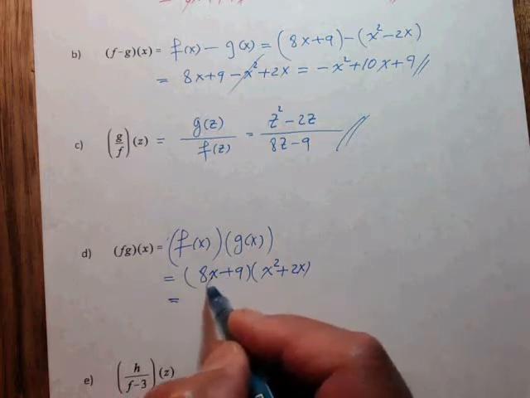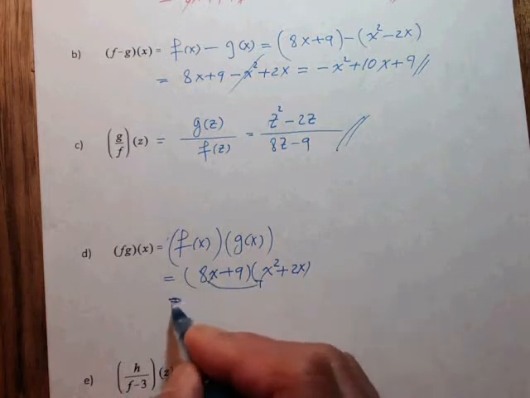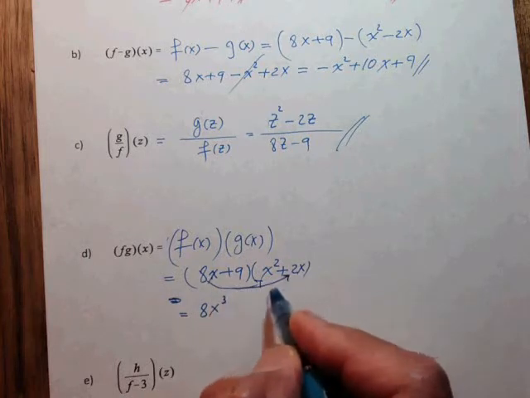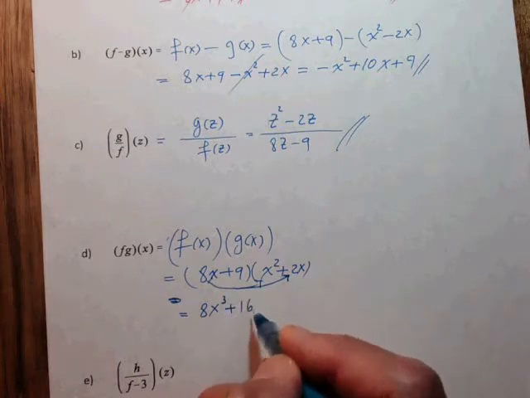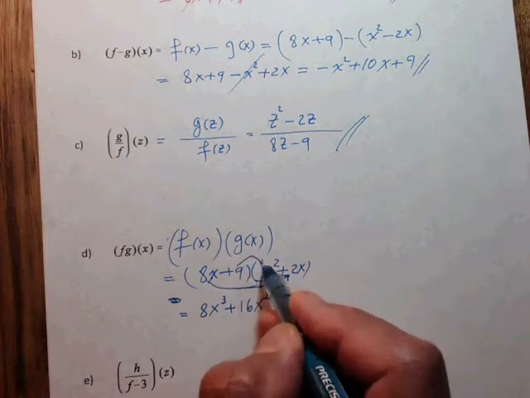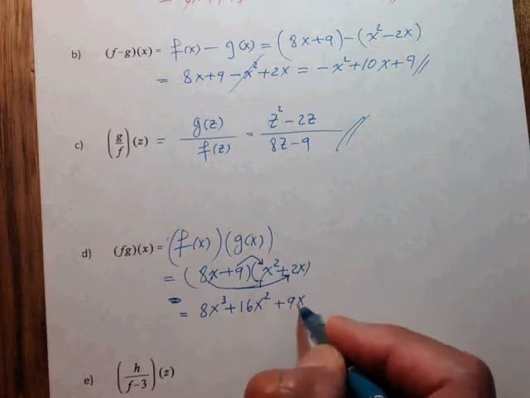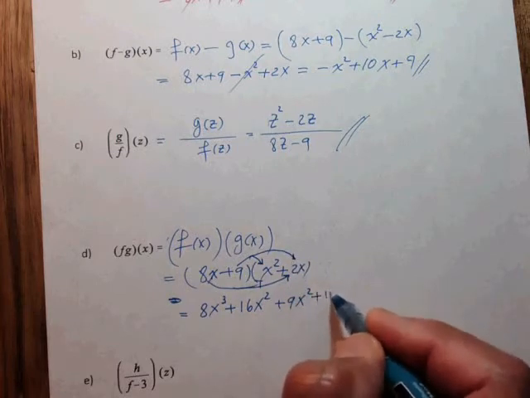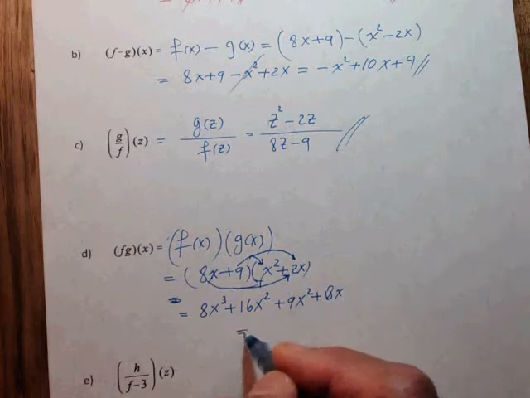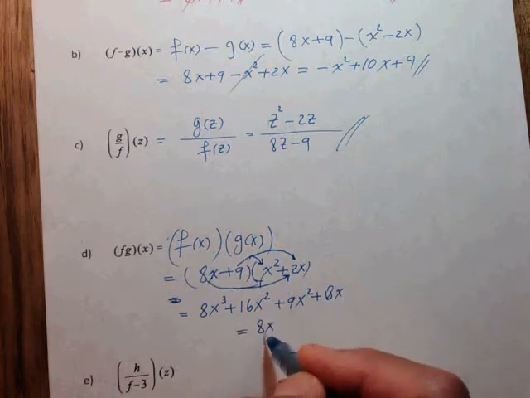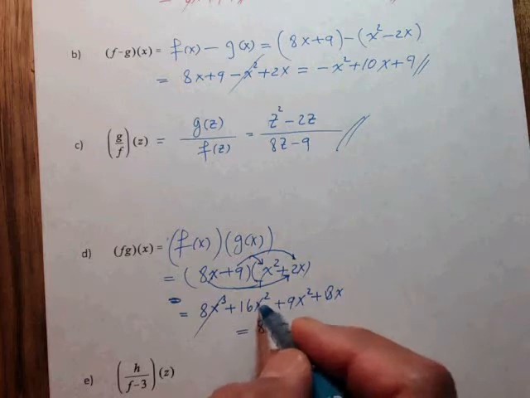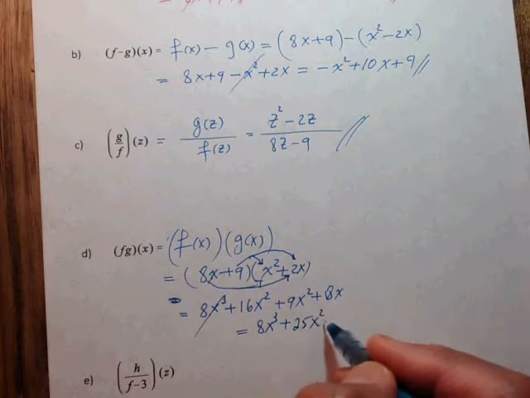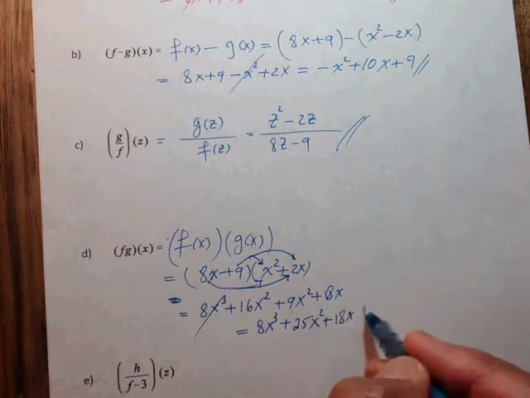Just FOIL it. x times x squared, you get 8x cubed, 16x squared, plus 9x squared, and 18x. So 8x cubed, 16x squared, 9 more x squared, I get 25x squared plus 18x, and that's the end of this one.